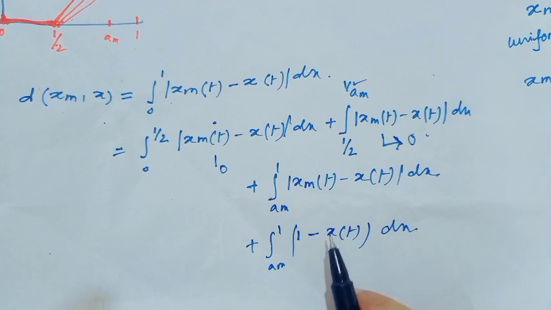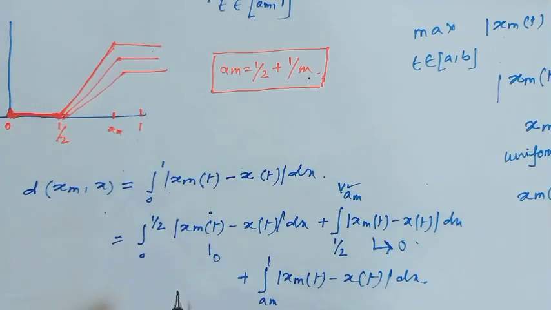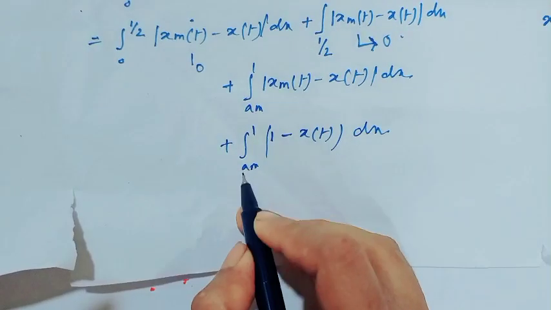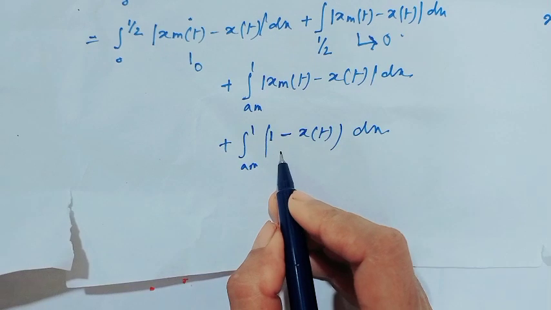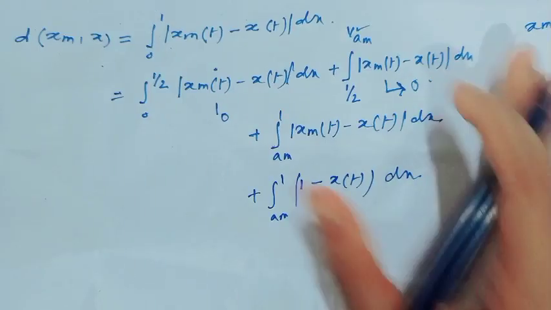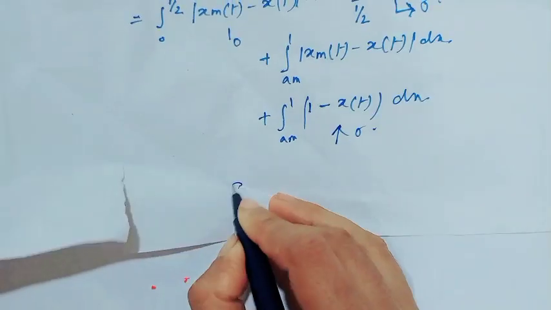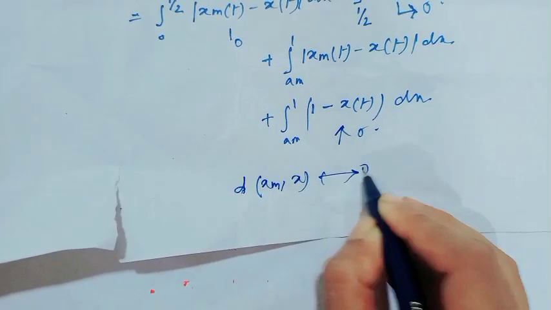As m tends to infinity, a_m tends to half, so the integration is from half to 1, and in this interval the value of x(t) also would be 1. So 1 minus 1, that means this also tends to 0. That means d(x_m, x) tends to 0.